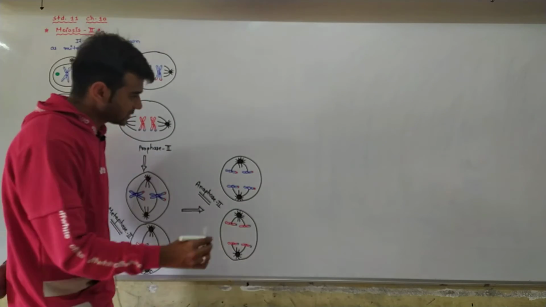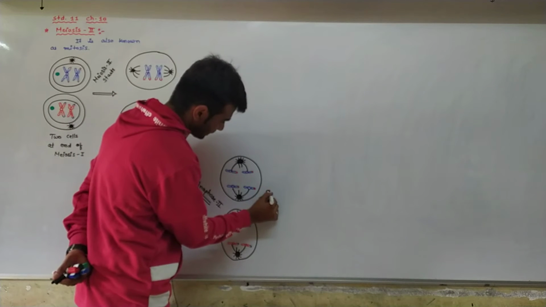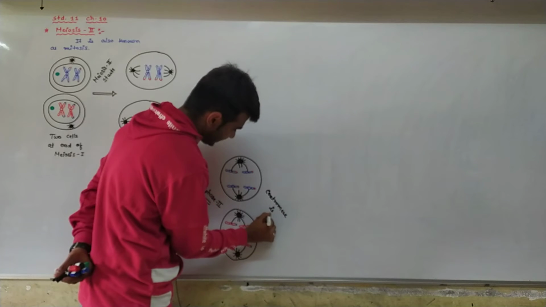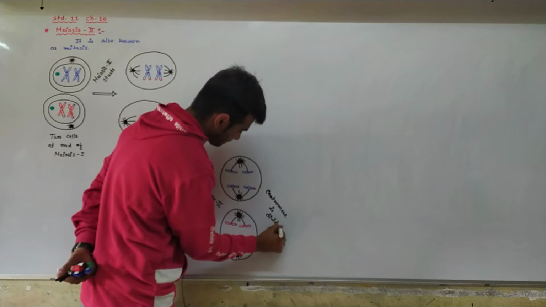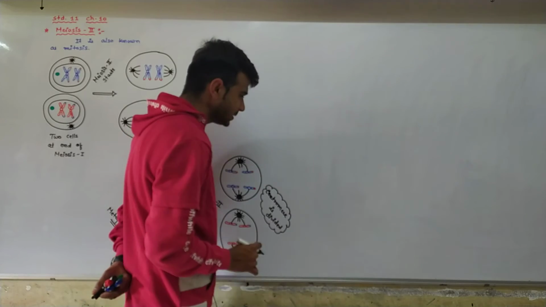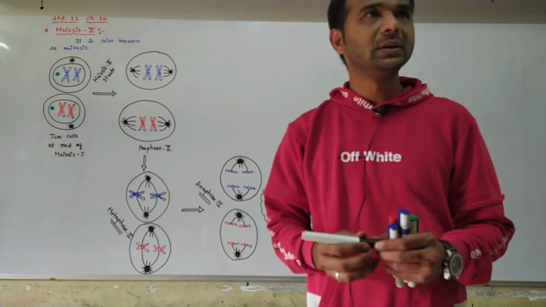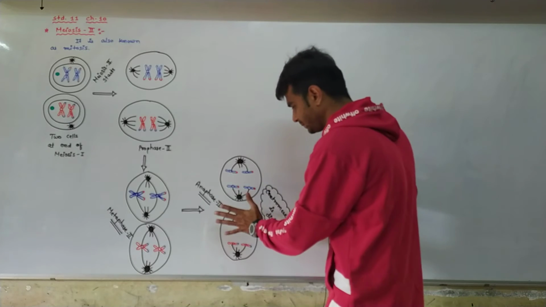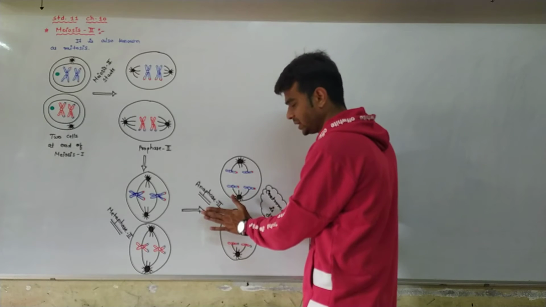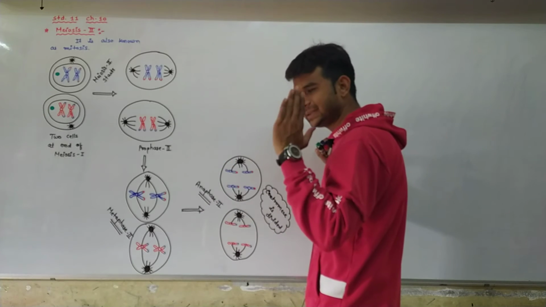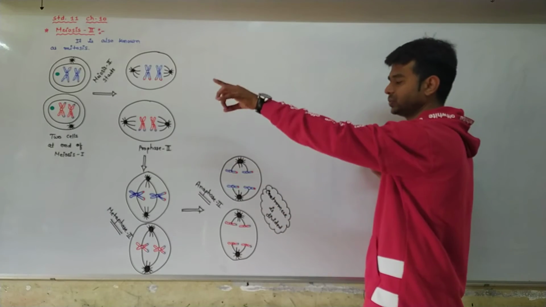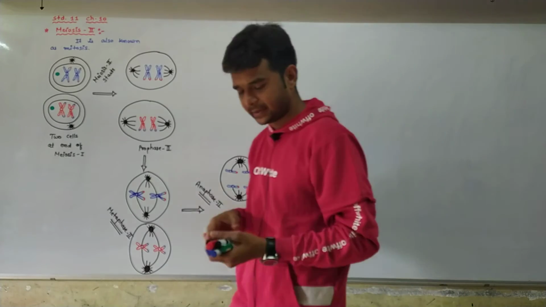Okay, so here the most important point: the centromere is divided. So dear all students, please remember, in anaphase 1, no division of centromere, whereas in the anaphase of mitosis as well as anaphase 2 of meiosis 2, the centromere is divided.